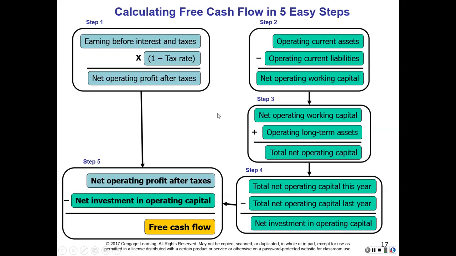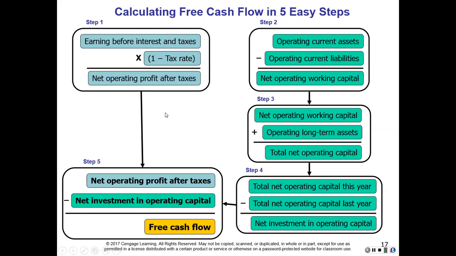How do we calculate free cash flows? Well, we can start from the income statement because that is provided to us by companies' annual statements, or even quarterly statements. We start with EBIT multiplied by 1 minus the tax rate to get net operating profit after taxes.